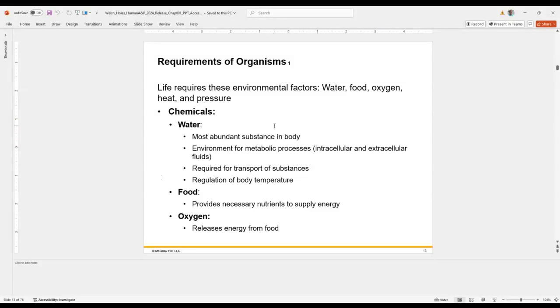Okay, organisms do require certain things. And you probably could have thought of several of these without even reading this, but living things need water and food, and many of them need oxygen and heat and pressure. Now, some of the chemicals we talk about include water, food, and oxygen, and water is the most abundant substance in the body.